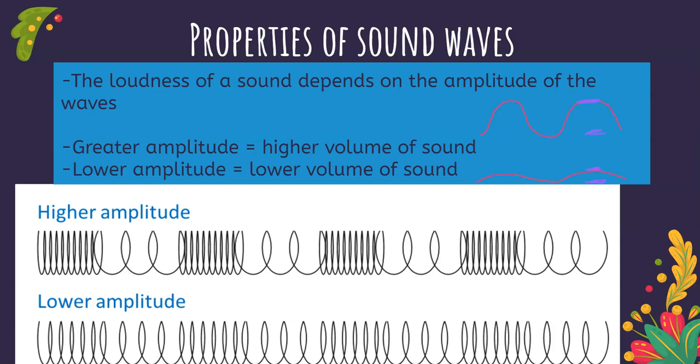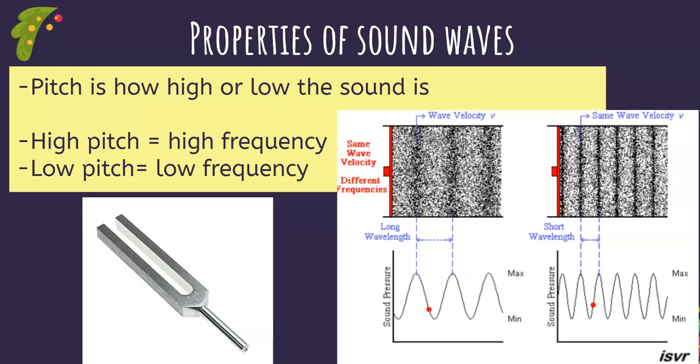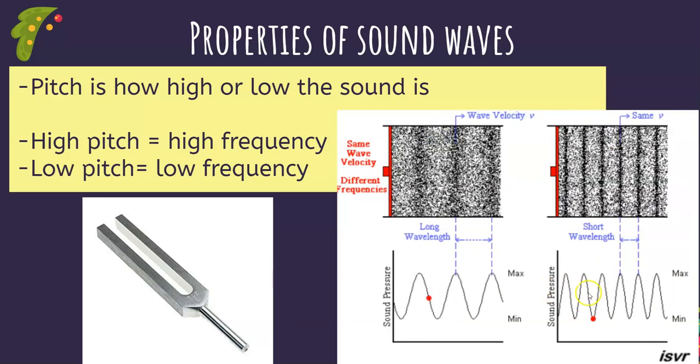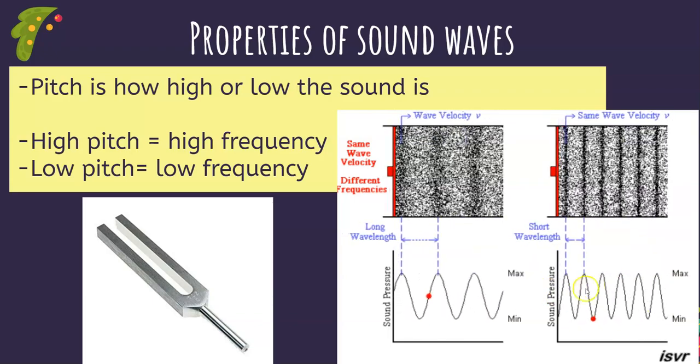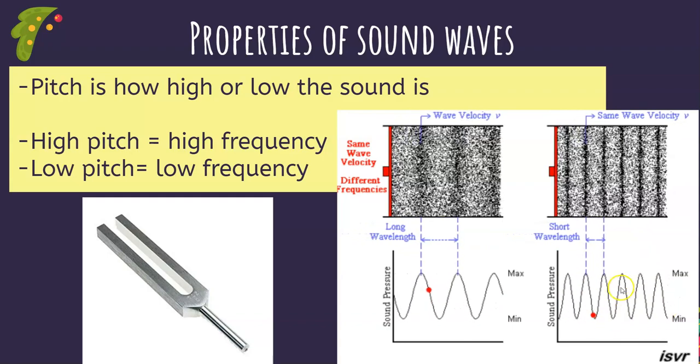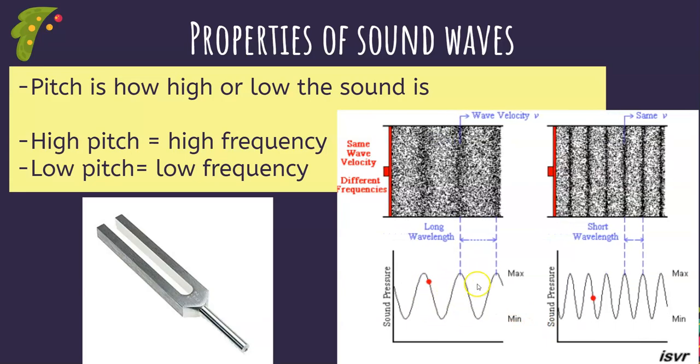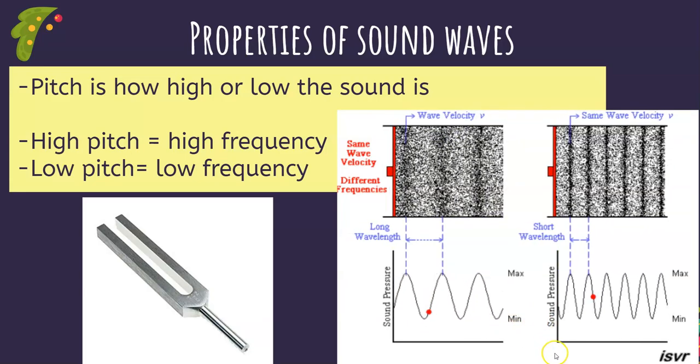So greater amplitude is where they're smushed together tighter and looser over here. Alright, so pitch is also determined by the wavelength. This frequency, I think you may be familiar with. This shorter wavelength is going to have a high frequency, and this longer wavelength is going to have a low frequency.